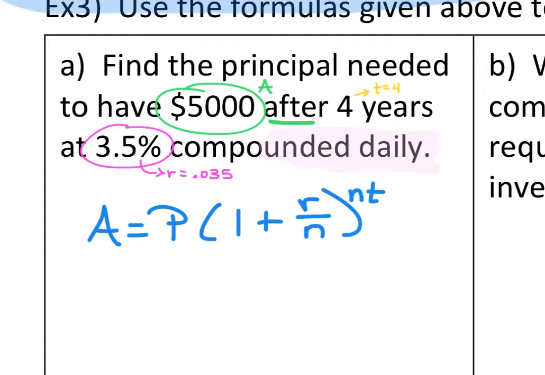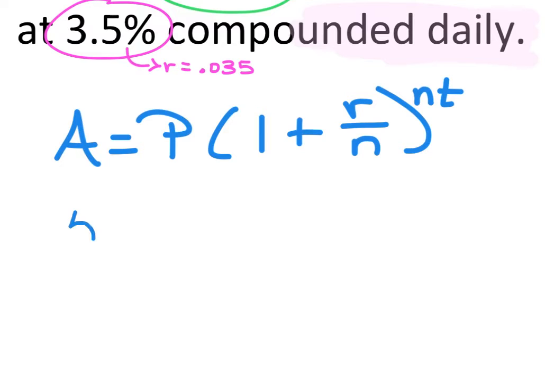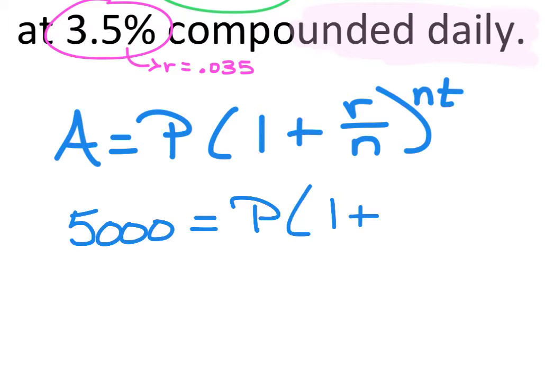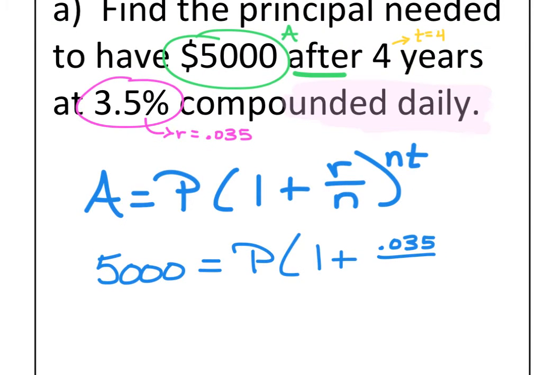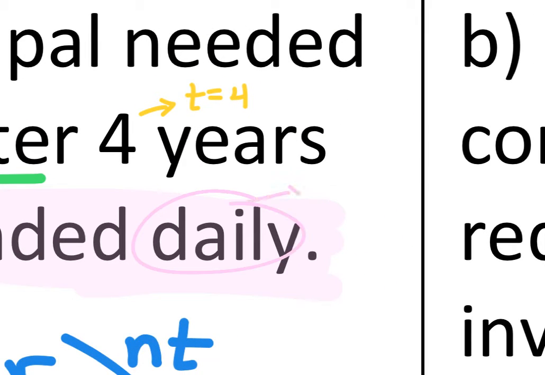And I'm going to substitute the things that I know. A is 5,000. I'm solving for P, so I don't know P. 1 plus, and then the rate is 0.035 divided by N. Daily means that N is 365.